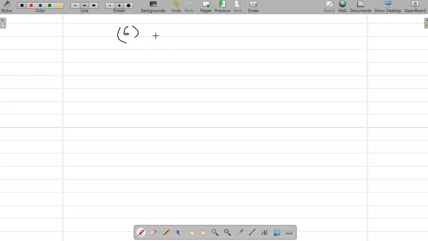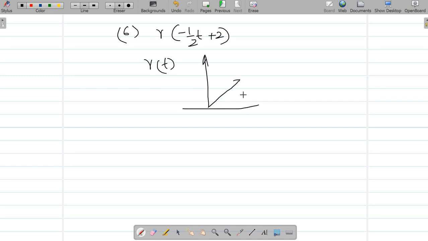So you have r of negative half t plus 2. Now we know that r of t is nothing but this. This is r of t. Then we have r of negative t, which is nothing but this, and this has to be advanced.